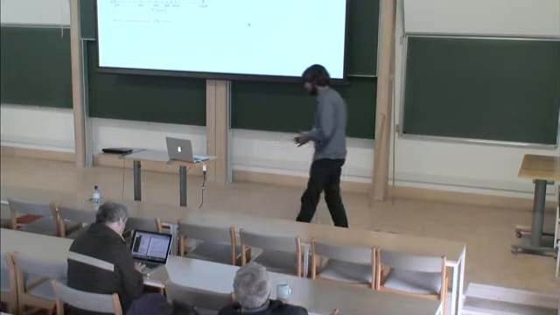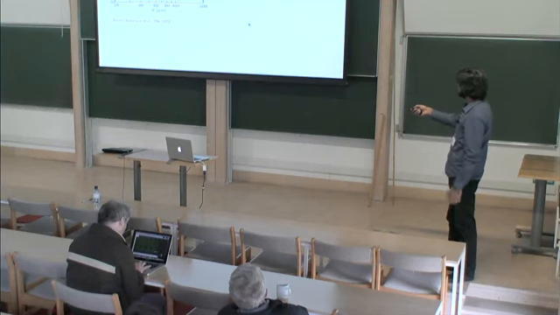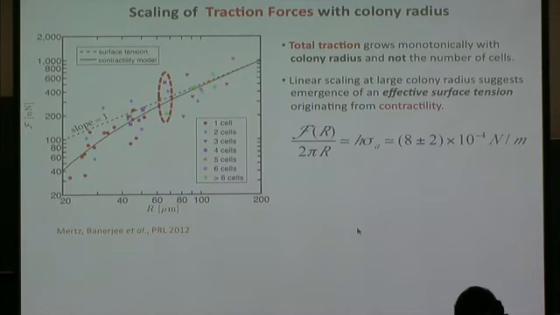Aaron plotted the total force exerted by cell colonies of up to 30 cells, and there is a clear crossover from a superlinear scaling for smaller colonies to a linear scaling for larger colonies, and this does not depend on the number of constituent cells.